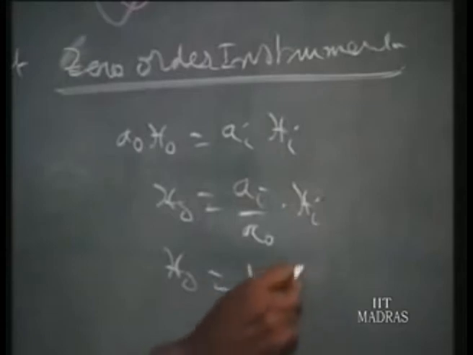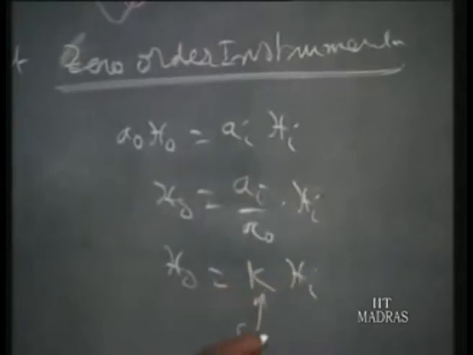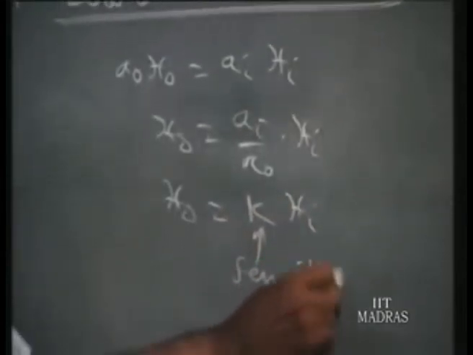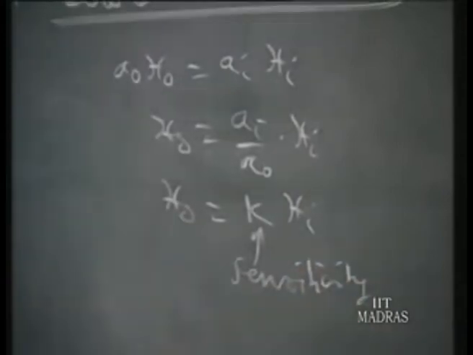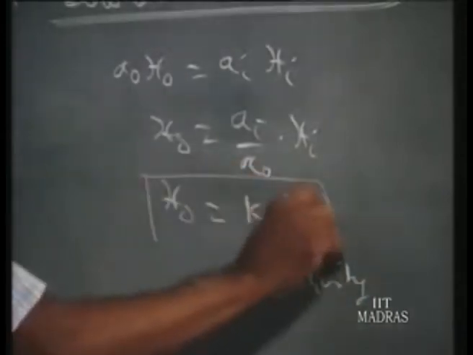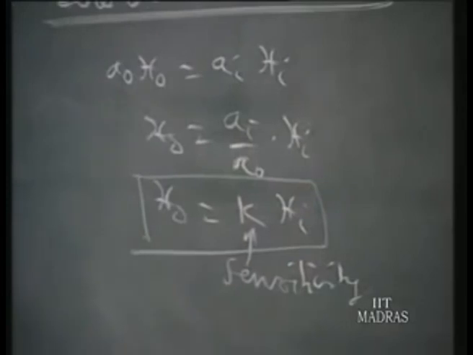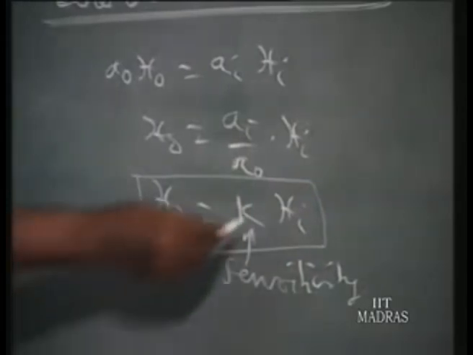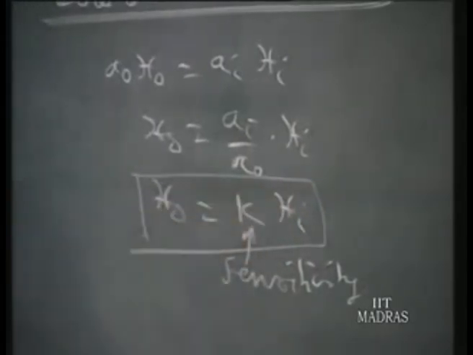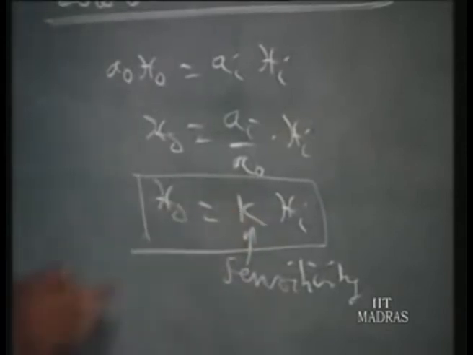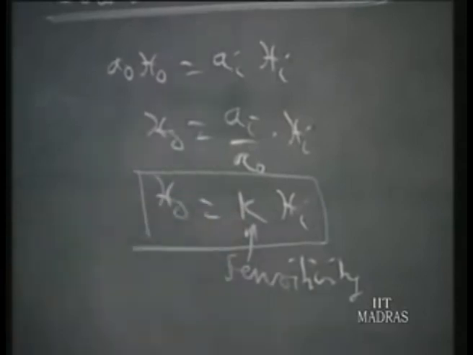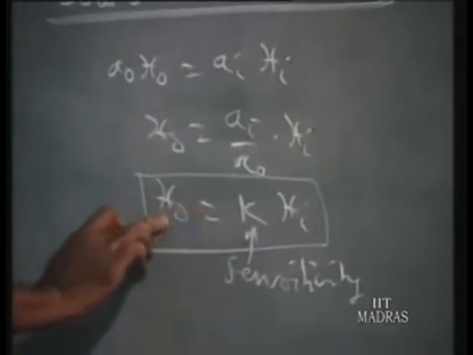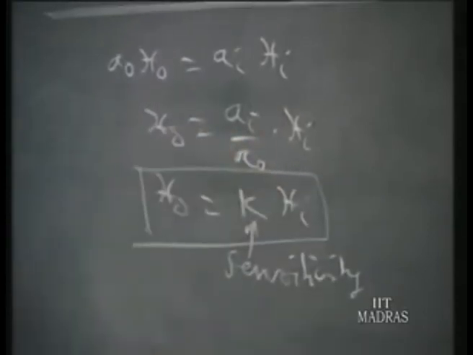So xo = k xi, where k is the sensitivity of the instrument. This is the equation for the zero order system. What does it say? The moment you give xi, you get xo according to this equation. There is no time lag, and the sensitivity is a constant. xo is perfectly proportional to xi. This is the way it is understood.